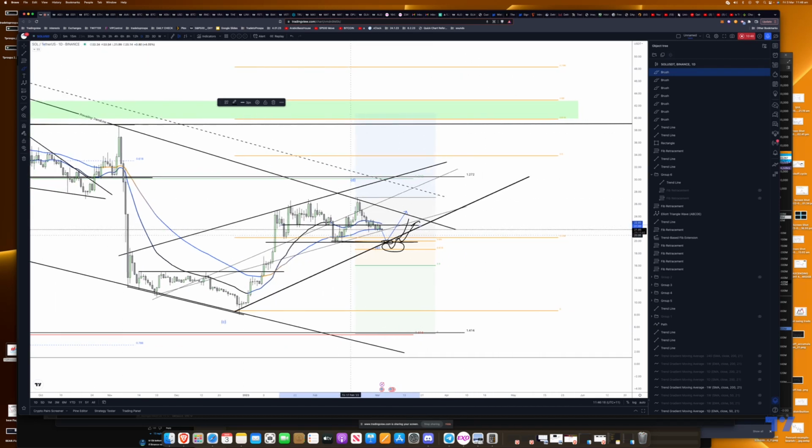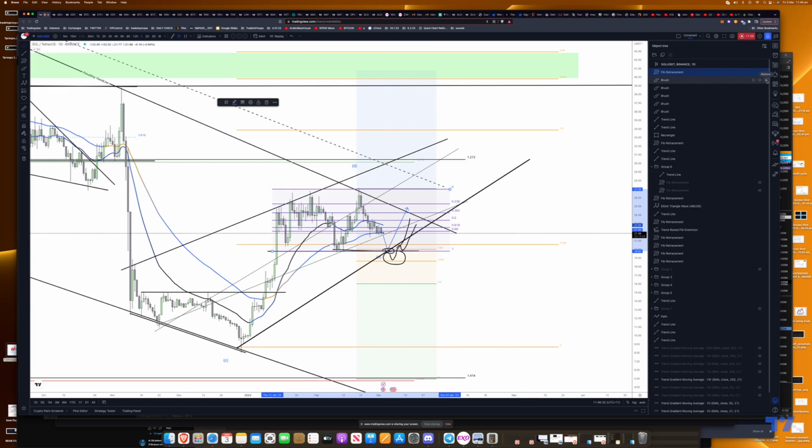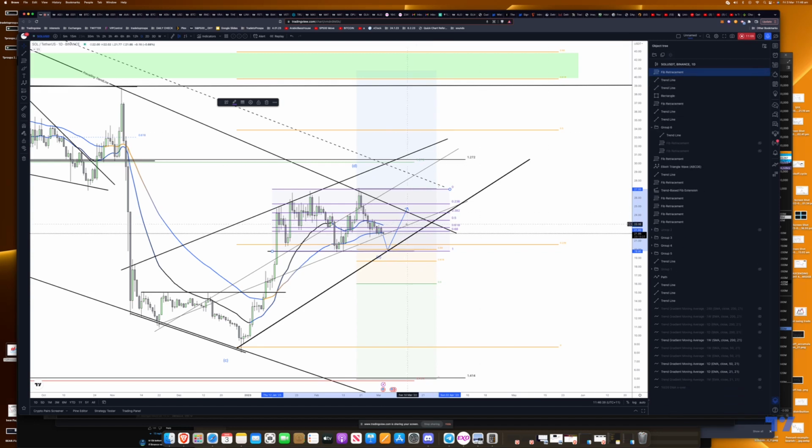And let's have a look. Fibonacci. That was our 50%. That was the golden ratio. Okay, there you go. Our golden ratio there. Yep, so it's just below.